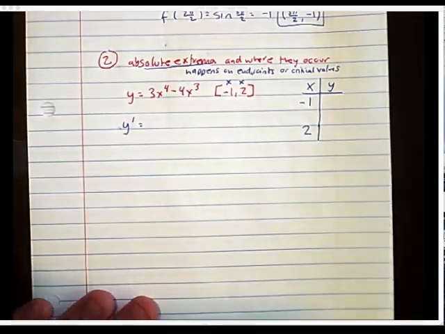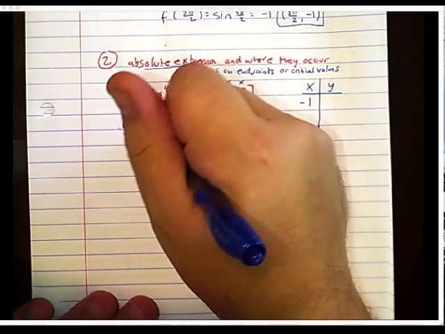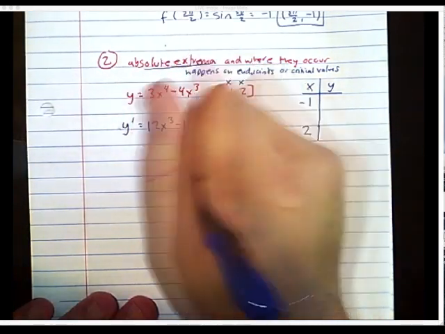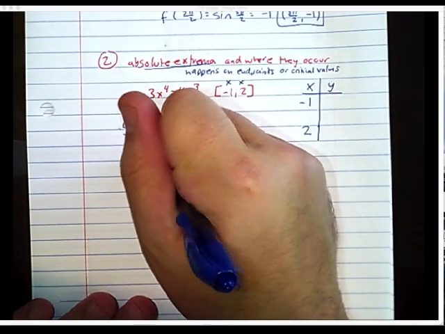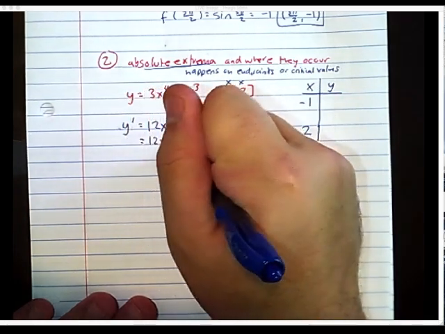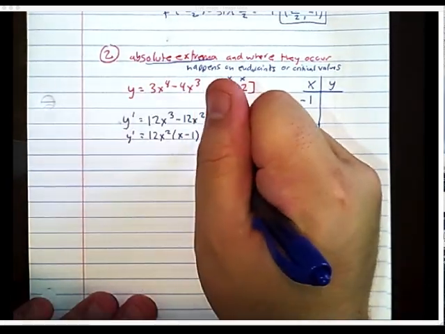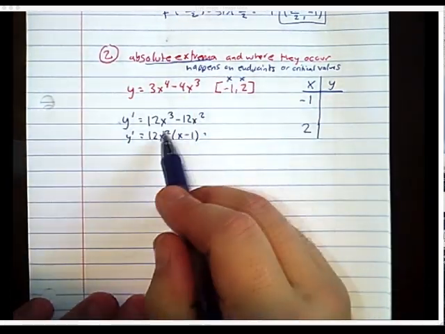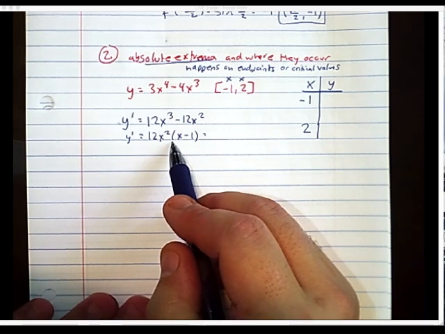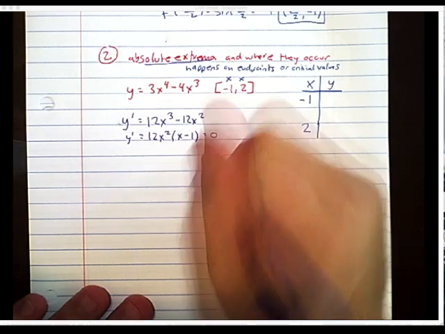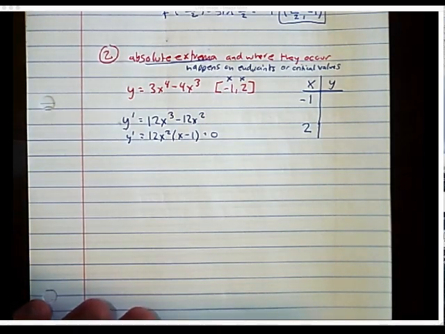So let's find critical values. Take the derivative. That'll be 12x to the 3rd minus 12x squared. Do some factoring. Take out a 12x squared, and you would just get x minus 1. Figure out where this derivative is undefined. Well, this one's never undefined. It's not a fraction. Okay, and it's not some complicated trig function. So the only critical values are going to be when it equals 0.